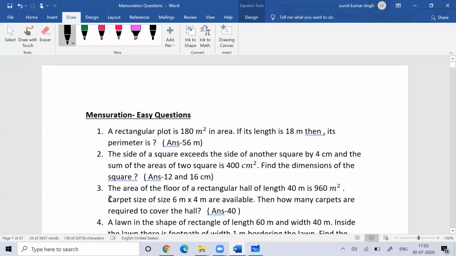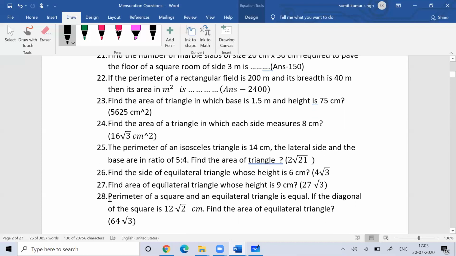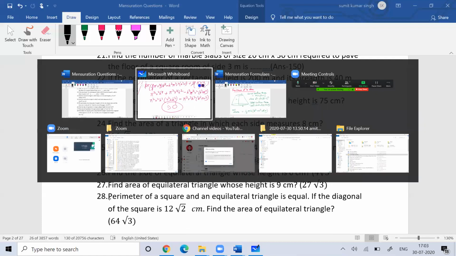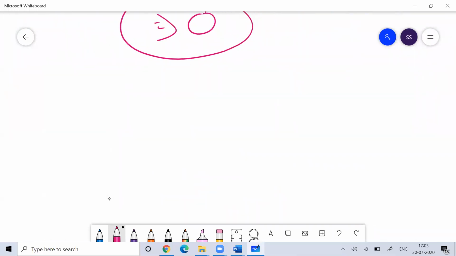Around 70 problems I have solved already on area, perimeter, volume, surface area. I hope you will go through those sessions if you have not gone through them till now. It will be good practice for you when you're preparing for the UPSC exam.